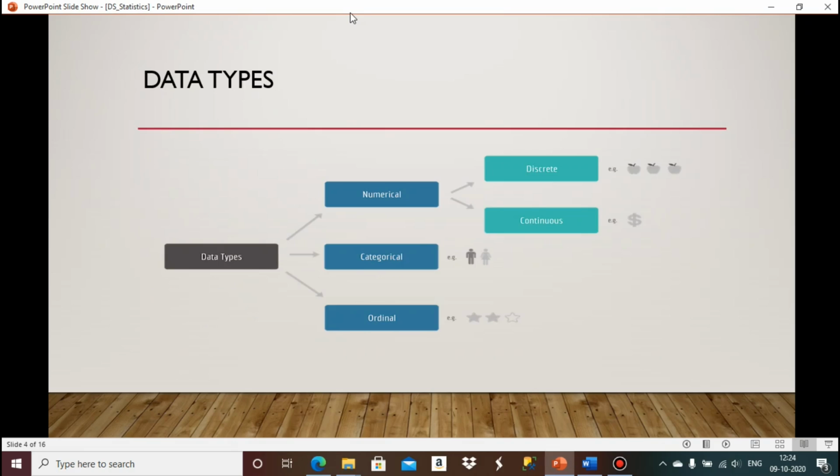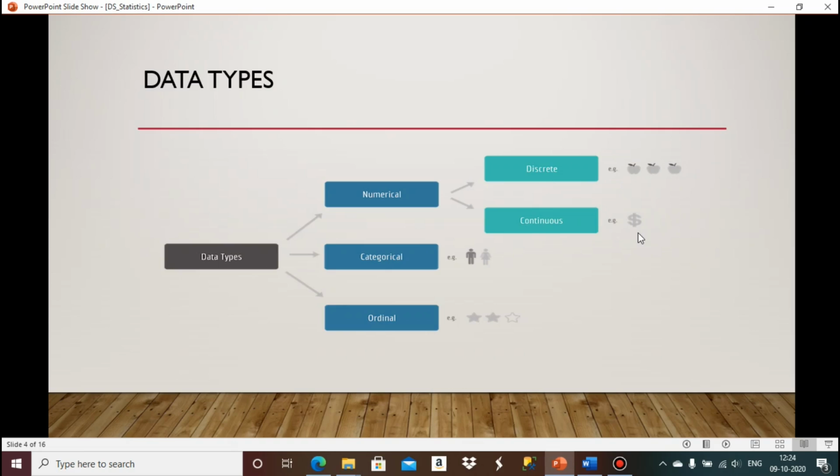Okay, so whatever we have discussed, we have a diagrammatic representation. Data type is of three types: numerical, categorical, and ordinal. Numerical is of two types: discrete, say the number of items, and continuous, suppose the amount.